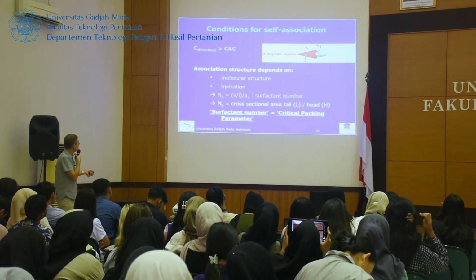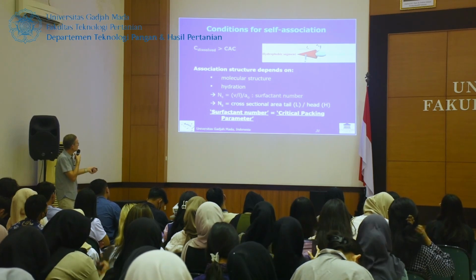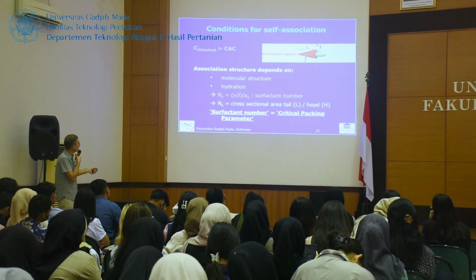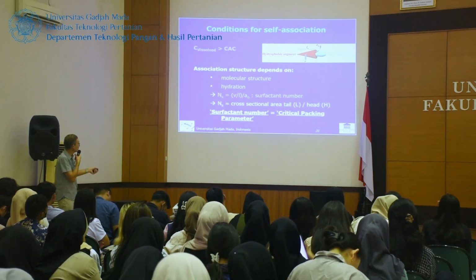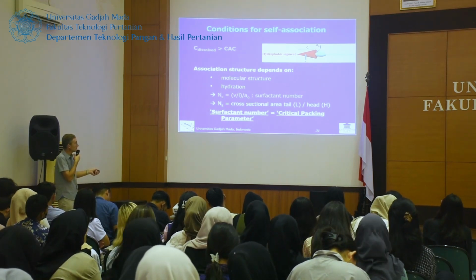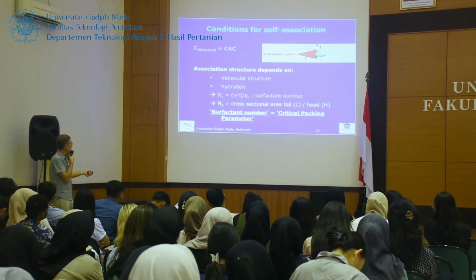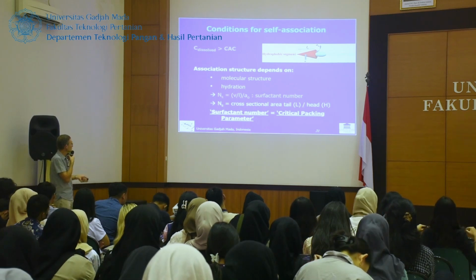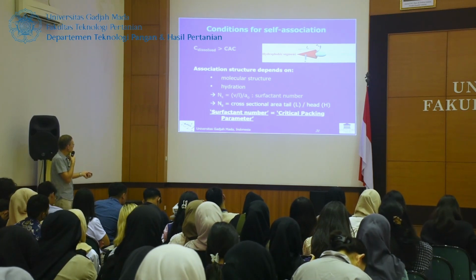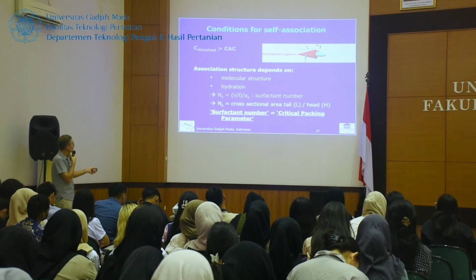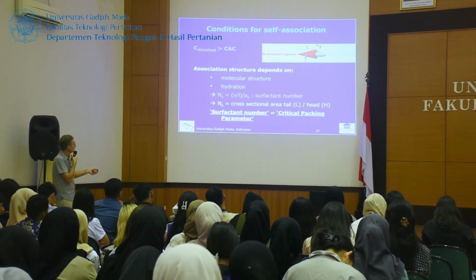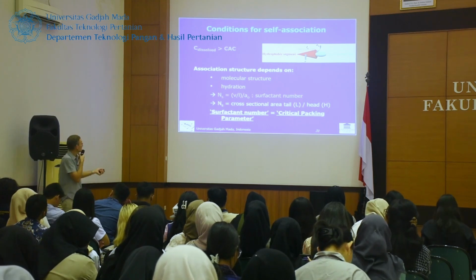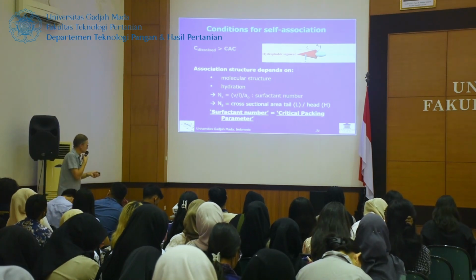That number expresses the cross-sectional area of the hydrophobic tail. I said already, a surfactant typically has a long alkyl chain, which does not like to be in contact with water. So the important thing here is the cross-section of that tail. On the other hand, you also have to consider the cross-sectional area of your hydrophilic head group, because there is typically a part in the surfactant that likes to have contact with water, and that's the reason for that aggregation.